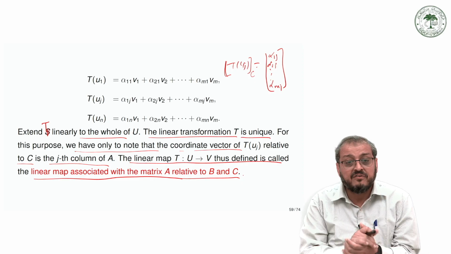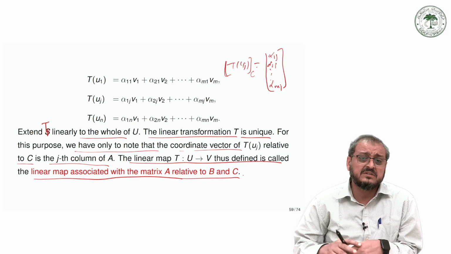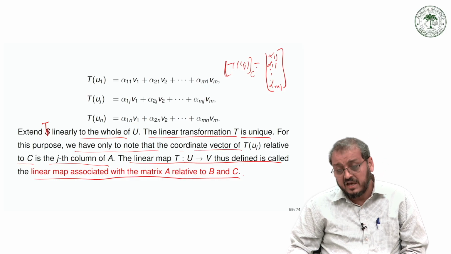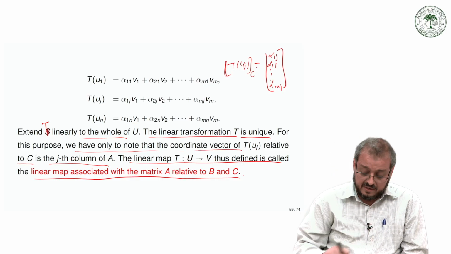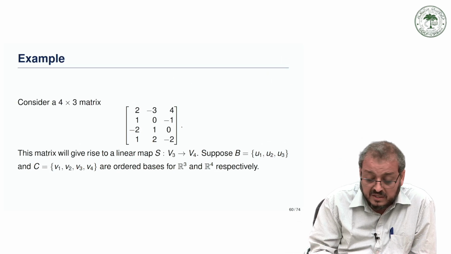In a similar fashion we can define a linear map. If we have any matrix given and the ordered bases are given, with the help of the ordered bases we can write it in this form.